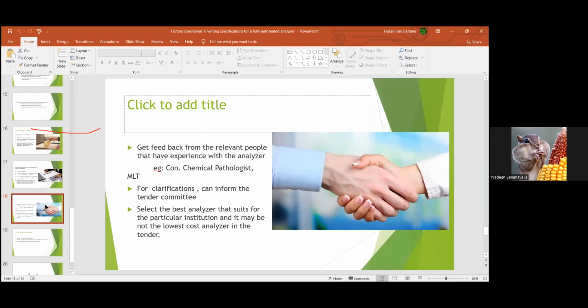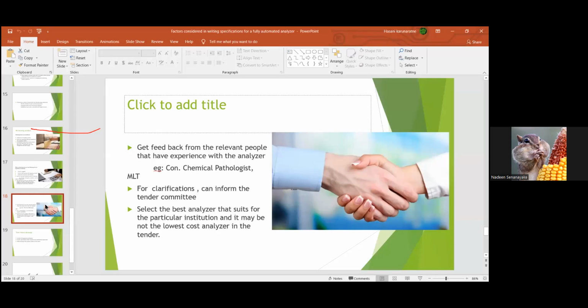For clarification, if we need more clarification other than the specifications that we have mentioned in this tender, we can contact the bidder through the tender committee and get the written information.